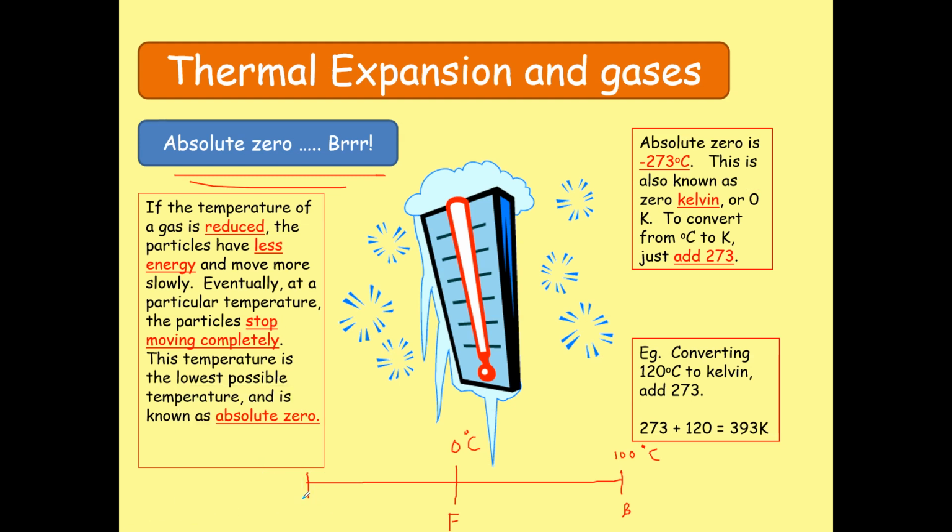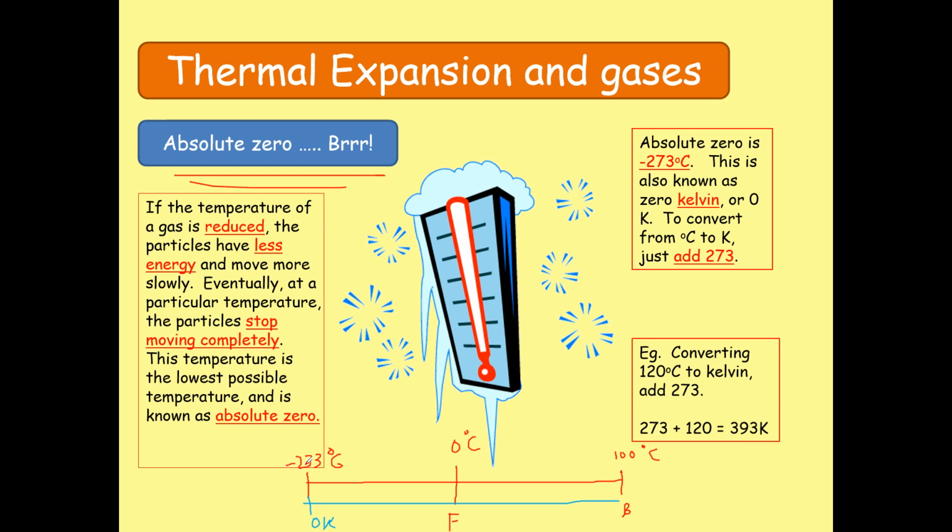Now I'm going to draw another scale, this blue one, alongside this Celsius, and I will call this 0 Kelvin, right? And at 0 Kelvin we understand the temperature of the gas is going to be minus 273 degrees Celsius, right? That's the conversion from degrees Celsius.